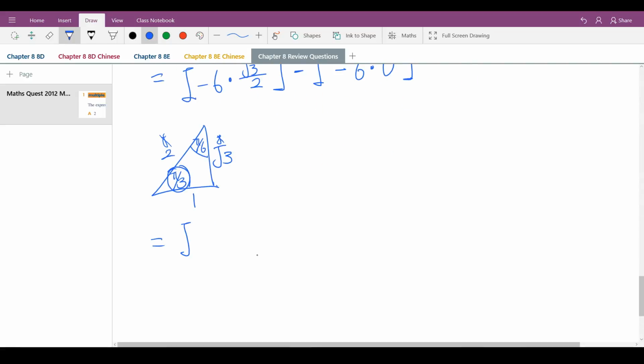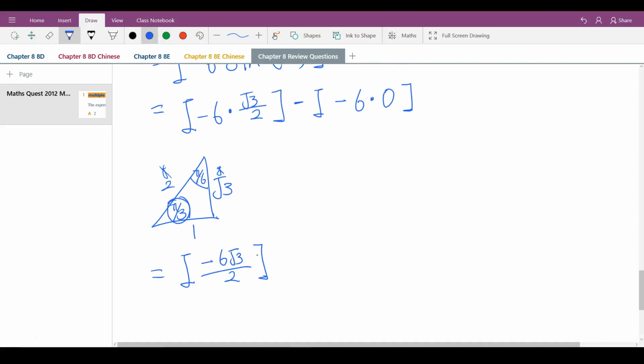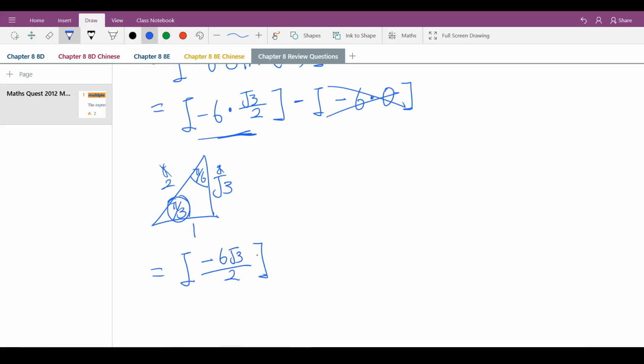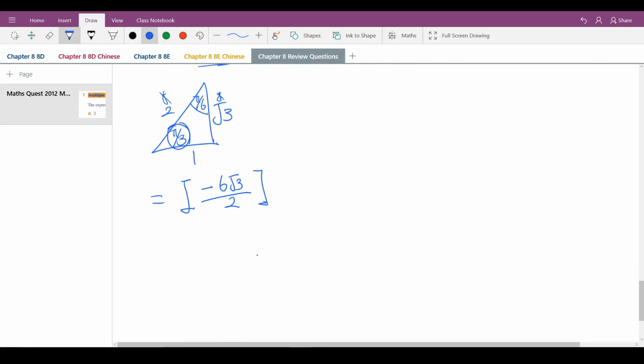So that would just give us -6 root 3 over 2 from this part, because this part is gone now. And simplify that further. That will give us 3 root 3.